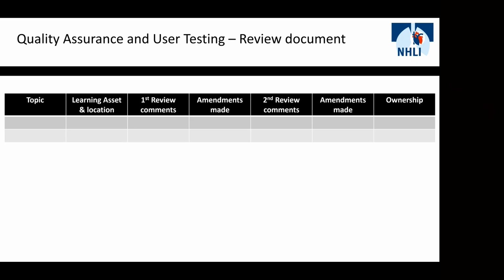You may want to have status columns alongside the first and the second review comments, something along the lines of not yet started, in development, or completed. And then, of course, details of ownership, so we can just quickly pick up the phone and call a reviewer for further clarification.